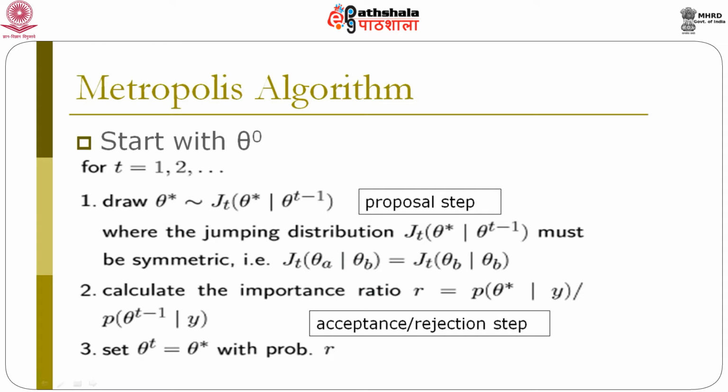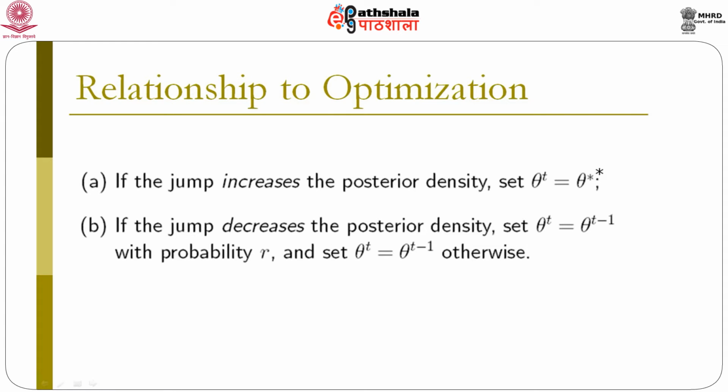All right. So theta star is a new value, and in the previous step we have theta t minus 1. So we set theta t to be theta star with probability R. If the jump increases the posterior density, set theta t equal to theta star. Very simple. When I say the jump increases, it means R is greater than 1, that means p of theta star given y is greater than p of theta t minus 1 given y.